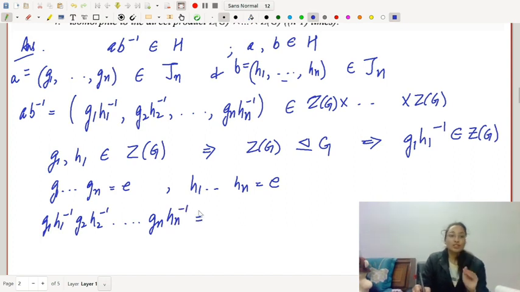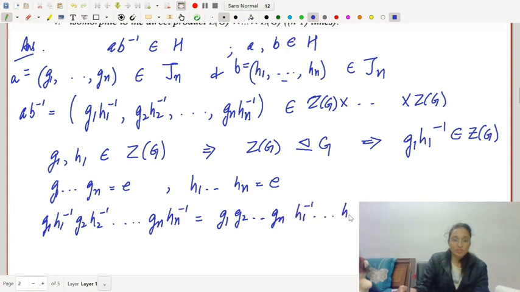Now since all these hi's and gi's are elements of the center of the group, they commute with all the elements of the group. Hence h1 inverse also commutes, because the center of G is a subgroup. So we can commute them and put them in this order: g1, g2 up to gn, h1 inverse up to hn inverse.